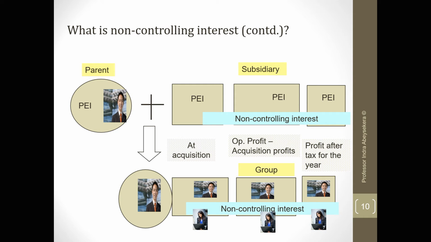At the acquisition date, how much should be given to NCI, how much should be given from the acquisition date to the beginning of the current year, and then how much should be given from the current year's profits.